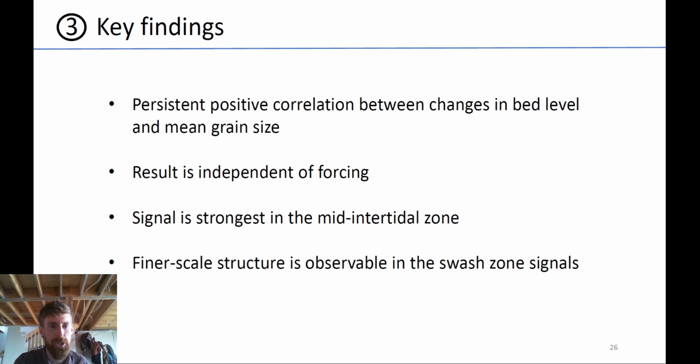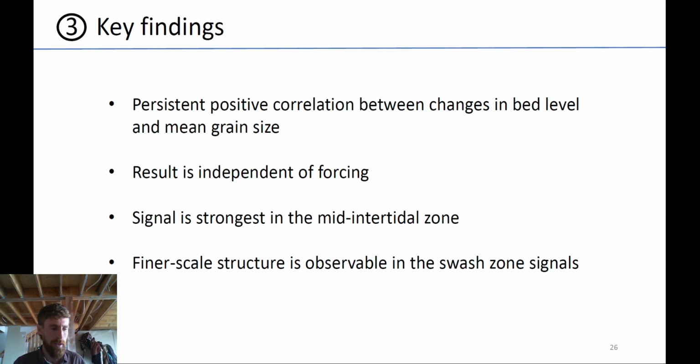So key findings from this chapter. We observed this persistent positive correlation between changes in bed level and grain size, and this result was independent of the forcing. So I think this is kind of interesting or telling with regard to previous studies that have tackled this sort of thing, which have all been done on gravel beaches and weren't able to observe a signal.